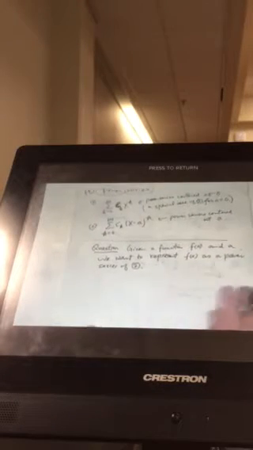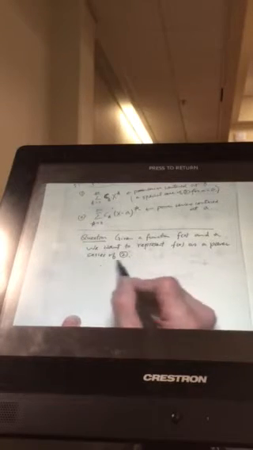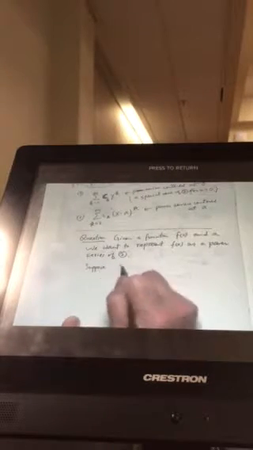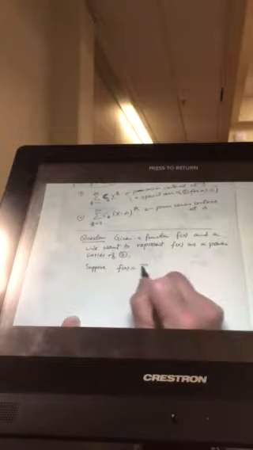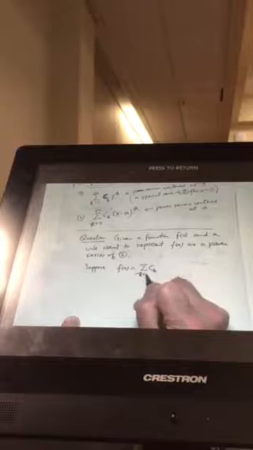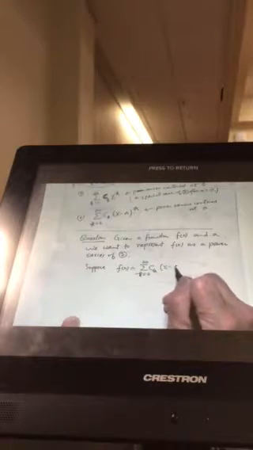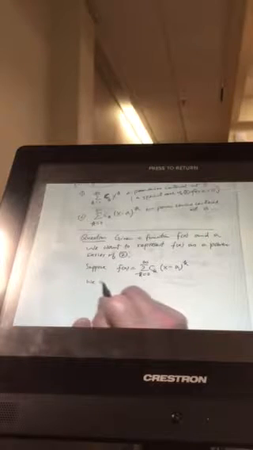All right, so how do I do this? How do I express this? Well, the way to do it is the following. Suppose I have f of x equal to this, and I want to find out what the c_k are.